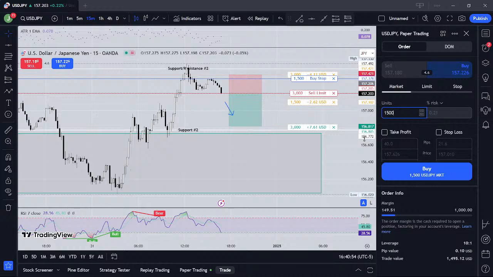I can still do seven. Can I do 9 microlots? Okay, I can still do 9 microlots. So I can do 10 microlots.